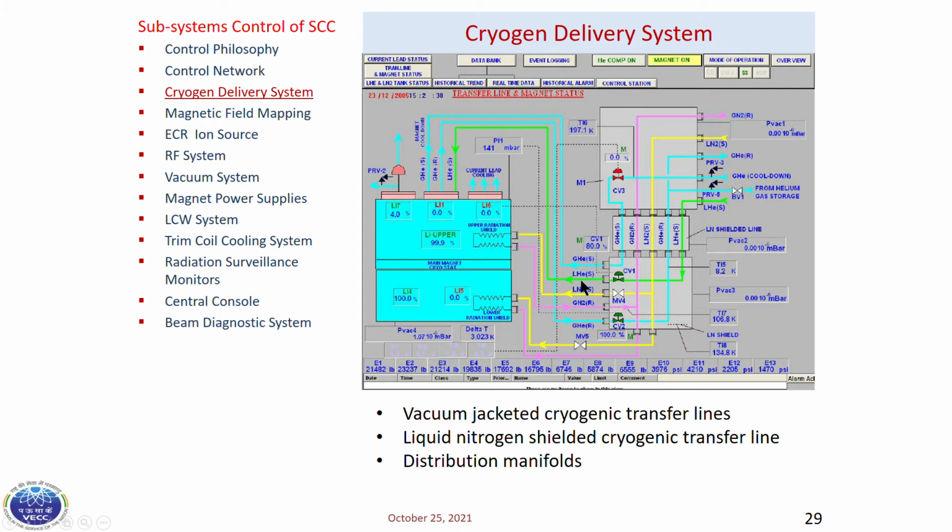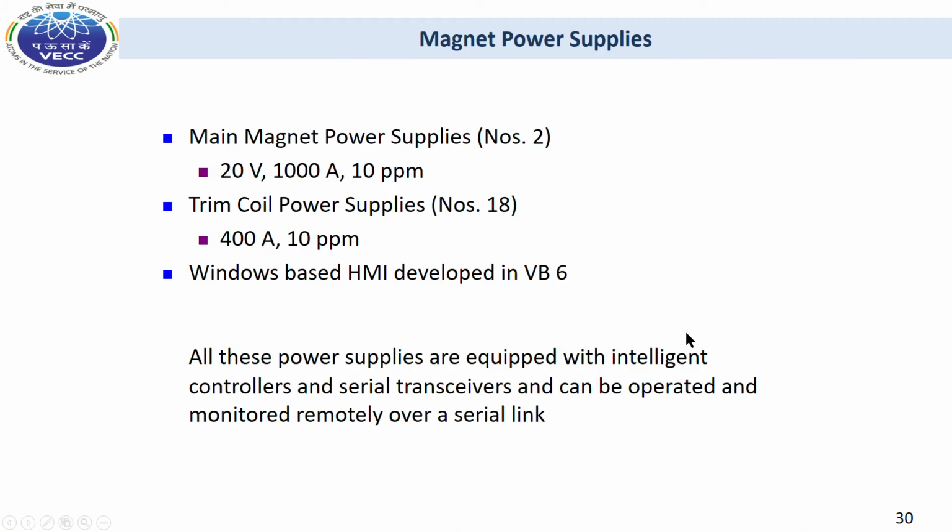The automation of this system is managed by PLC. The operator interface, data archiving, alarm system is implemented using EPICS utilities. So for this control, several sophisticated sensors like liquid nitrogen and helium level sensors are developed. Also, cryogenic temperature sensors are developed.